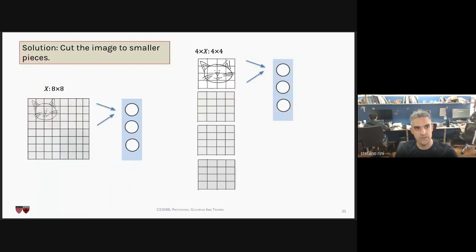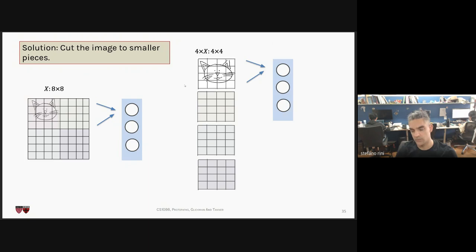The convolution is as follows. You take a certain area, which we'll call the kernel, and let's say that this kernel is a 4x4 kernel. Here we have an 8x8 image, and we're going to scan this 8x8 image with a 4x4 kernel.